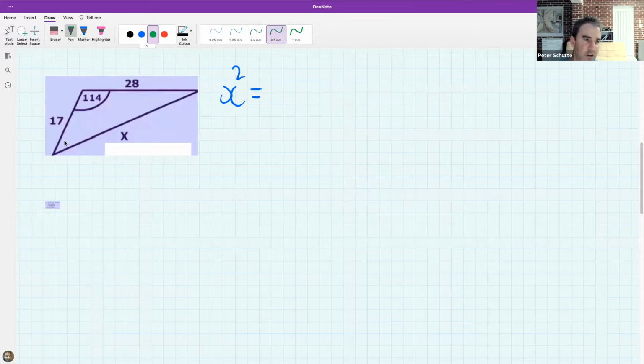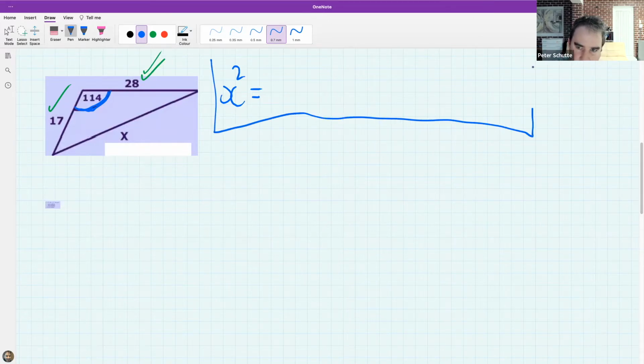Now, I'll point out that you've got 2 sides and you've got an included angle. So this is perfectly suitable to being used by the cos rule. So we are doing the cos rule. And so the first step of doing the cos rule is just writing out the statement of the cos rule. So I want everyone to try and do that now.